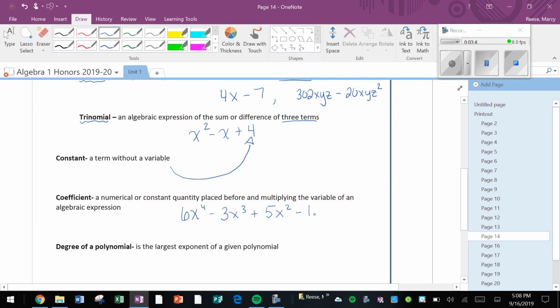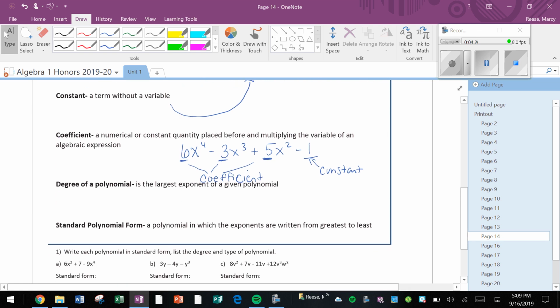Remember, a coefficient is a numerical or constant quantity placed before and multiplying the variable of an algebraic expression. So in our terms, I know it uses the word constant in there, but these are coefficients. And that is a constant. The coefficient is the number attached to the variable, and the constant is the number that is all by itself, with no variable attached.